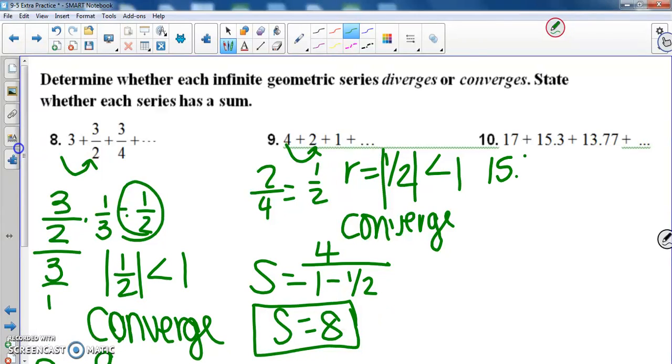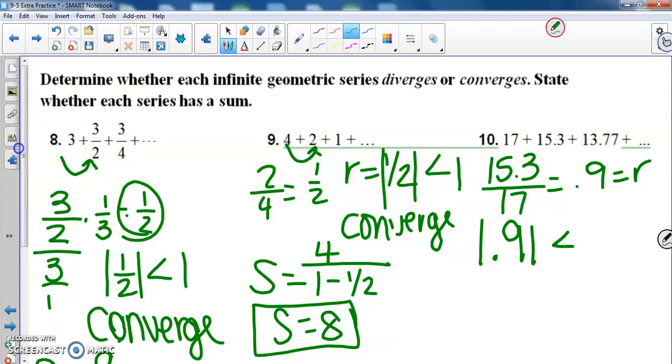Here I do 15.3 divided by 17, which is 0.9. I do 13.77 divided by 15.3. Just to double check, and that's equal to 0.9, so this is r. So is the absolute value of 0.9 less than 1? Yes.